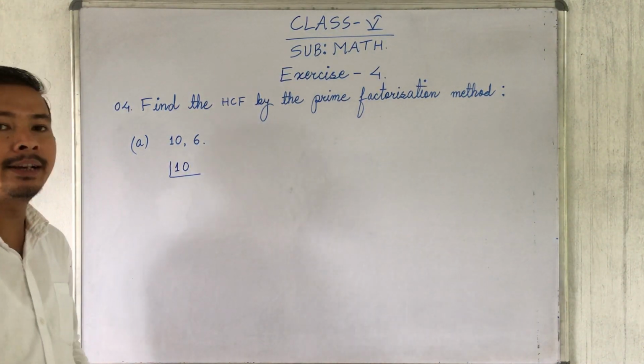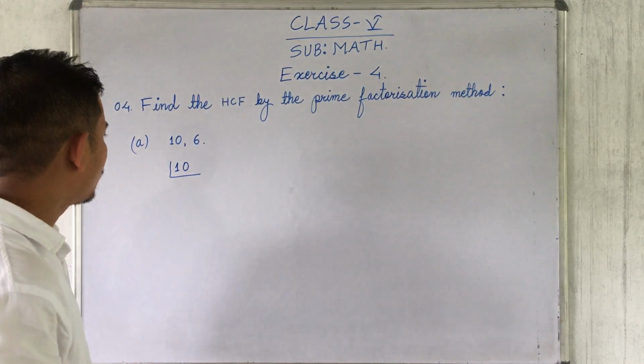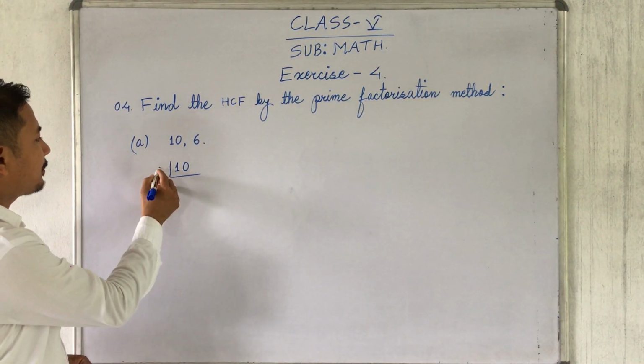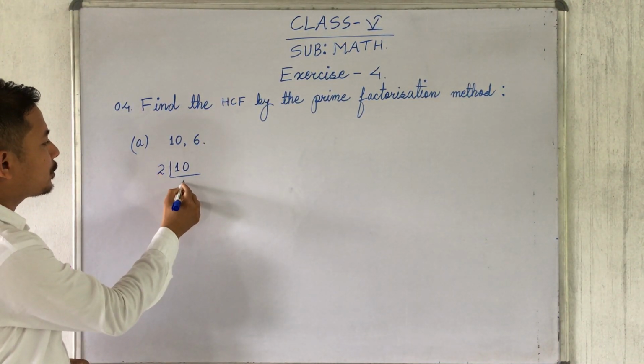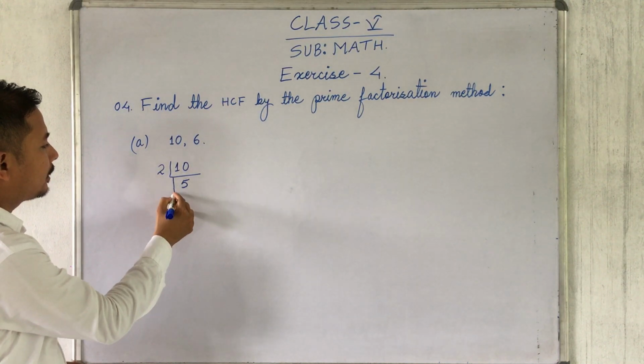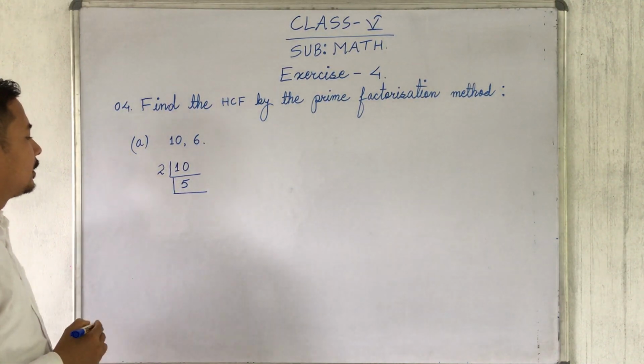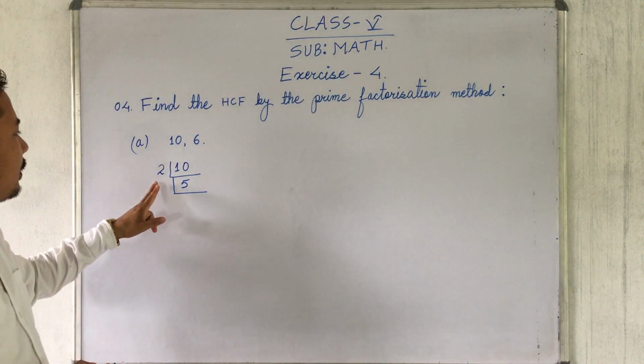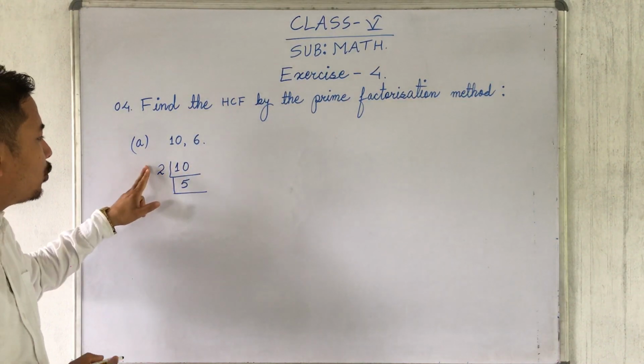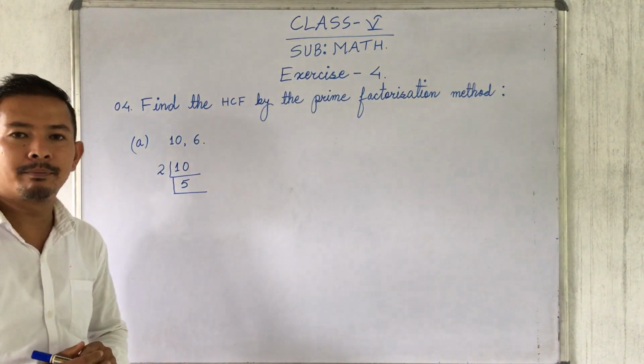That means we can divide 10 by 2. So how many times? 5 times. So 5 times 2 is 10. And then after dividing 10 by 2, we have got 5.